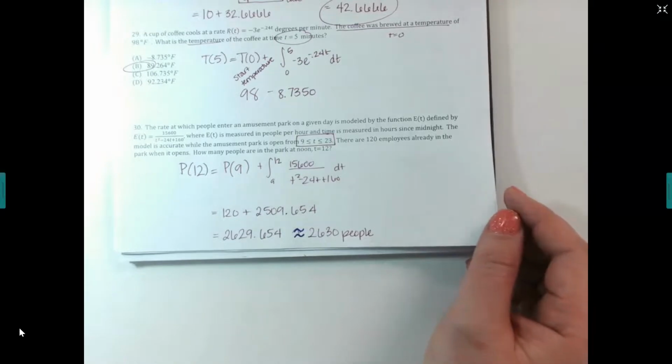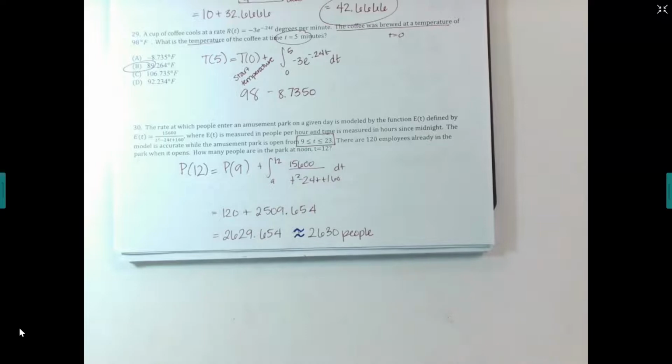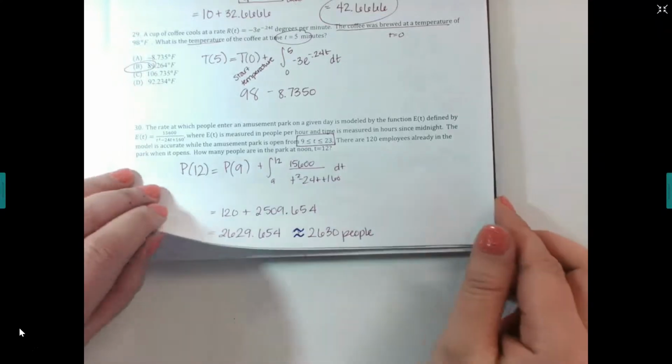Can you put like 3 squiggles? Yeah, that's not a symbol anymore. Now you could always do like, you know how sometimes I'll put an arrow and then put 2630 people? I think that would be fine too.